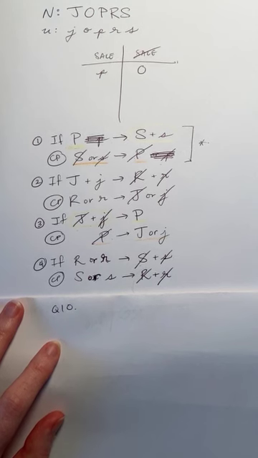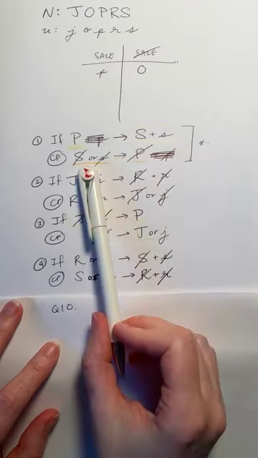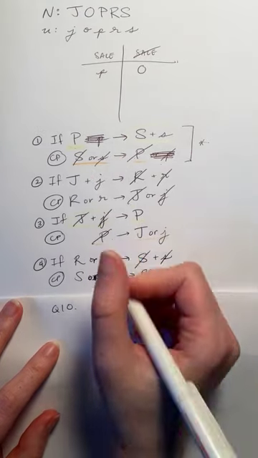And all of these are neither and neither. So I would want to look for something where eliminating a player means that another player has to be in.